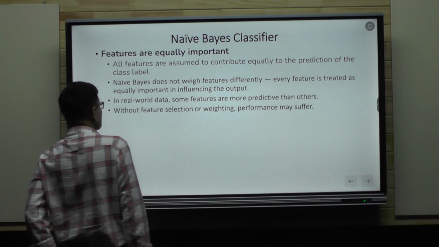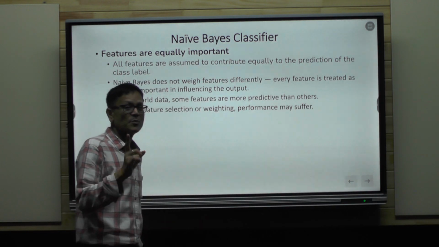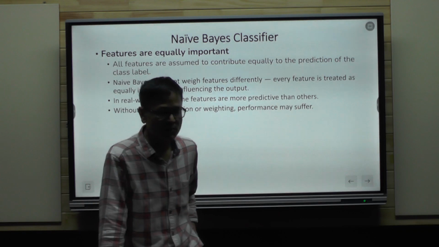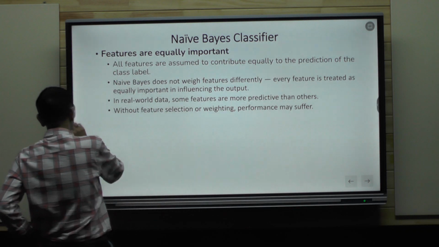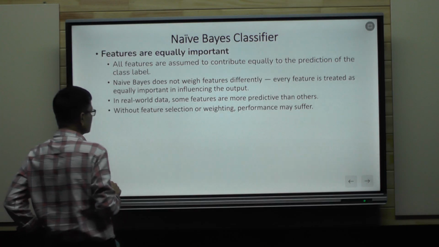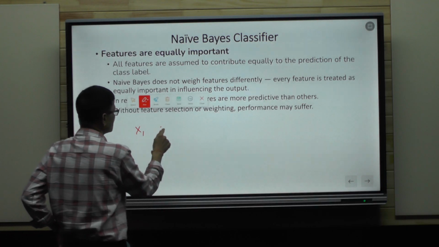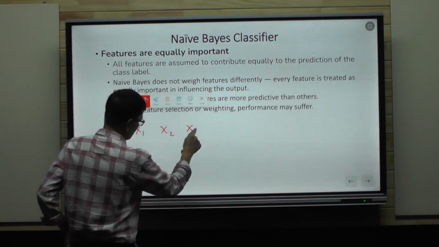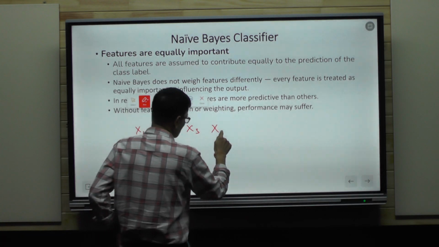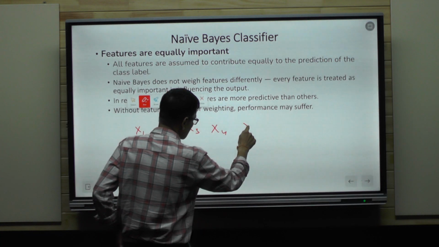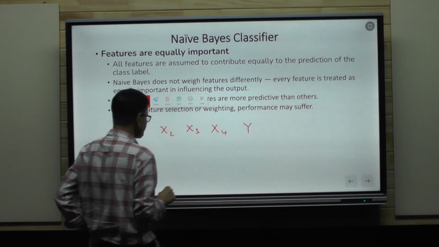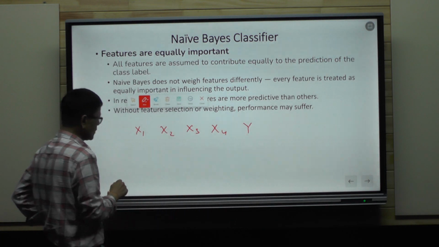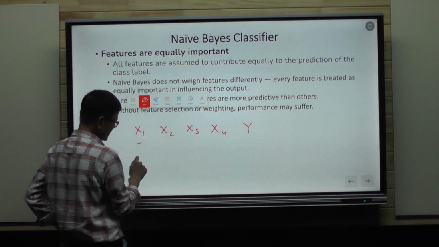Now all the features are equally important. That is one of the most important factors, you can say. Let's understand that we have x1, x2, x3, x4, and this is your target, let's say y. Each of these would have certain values.